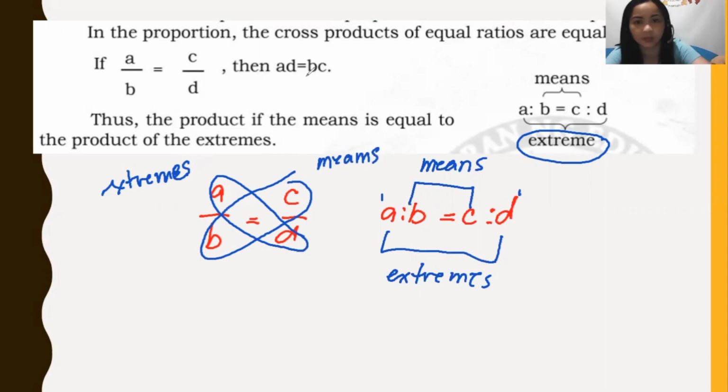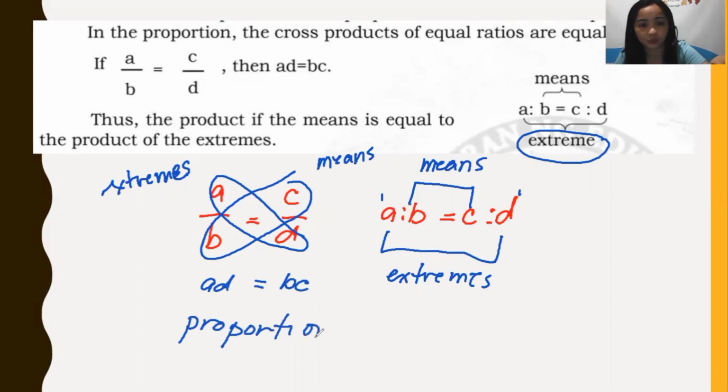But that is in fractional form. Now, let's have the definition of equal fractions. It says that if the product of A, D is equal to the product of B, C, they are called a proportion.